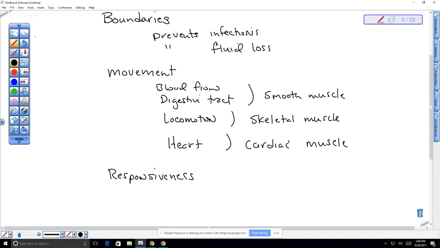So it could be external stimuli, so like a reflex would be something that we don't have to consciously control. So if you put your hand on a hot object, you will just reflexively pull it away. Or if you step on a sharp piece of glass, you'll reflexively pull your leg back, right? And so this is responsiveness to external stimuli.